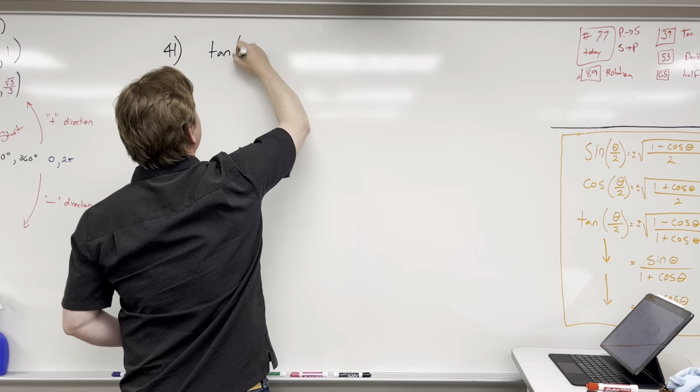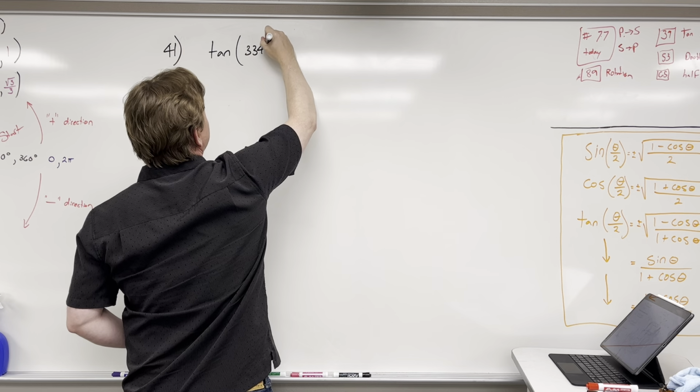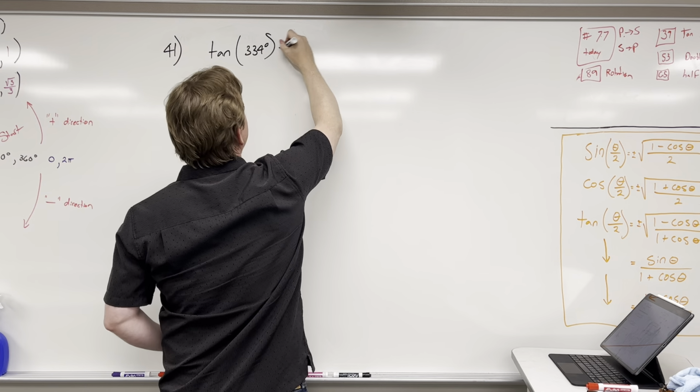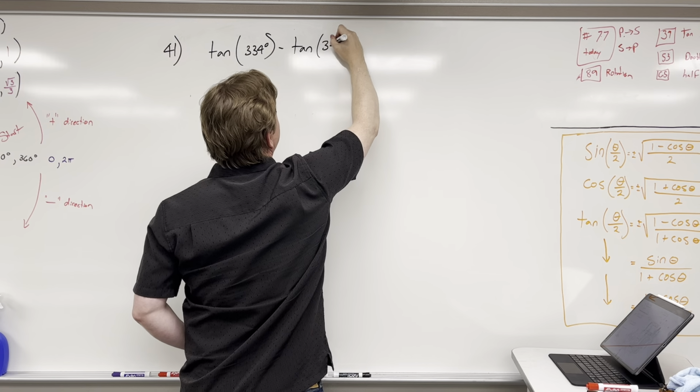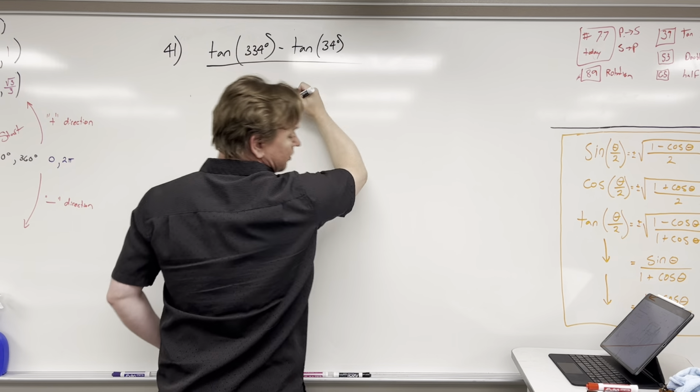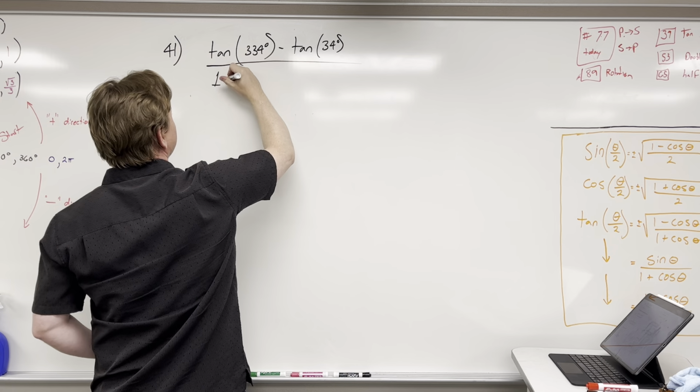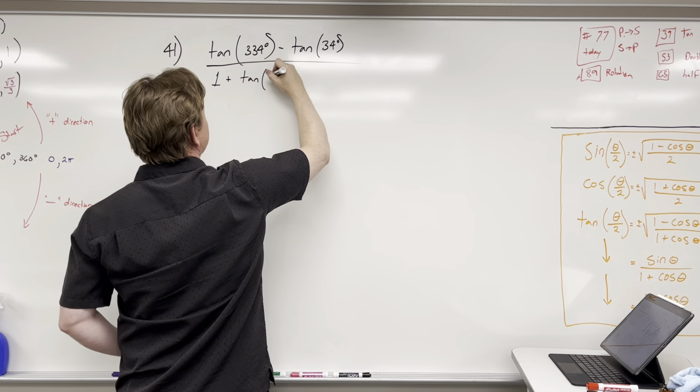Tangent of 300, this guy, minus tangent of 34 degrees, quotient 1 plus tangent.